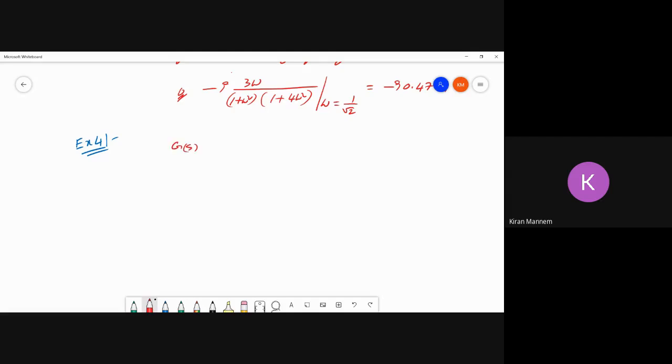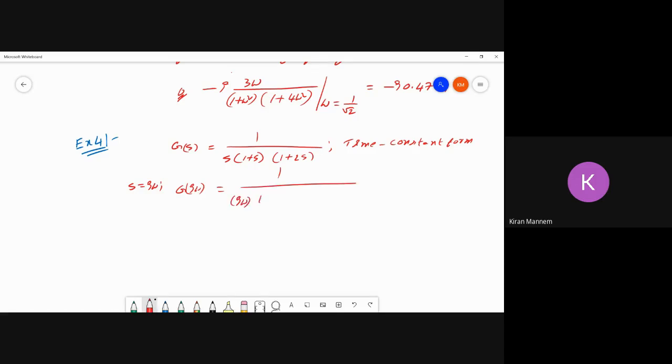Your G of s is equal to 1 by s into (1 plus s) into (1 plus 2s). It is in the time constant form, no need to convert into time constant form. Then substitute s equal to j omega to get the sinusoidal transfer function. G of j omega equal to 1 by j omega into (1 plus j omega) multiplied by (1 plus j2 omega).